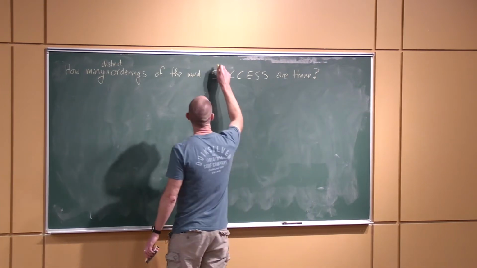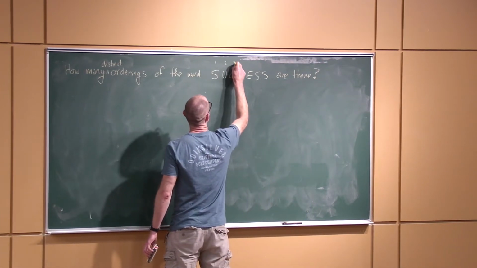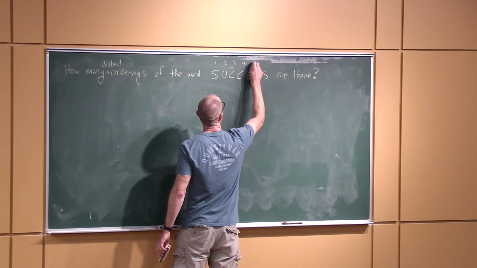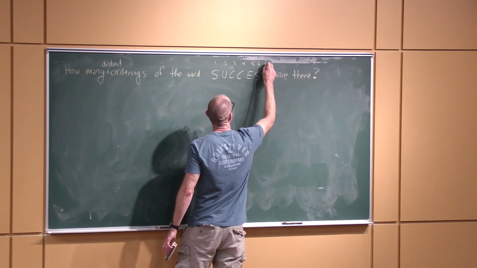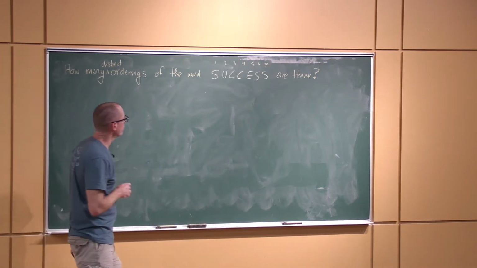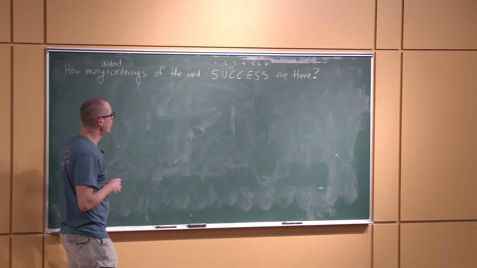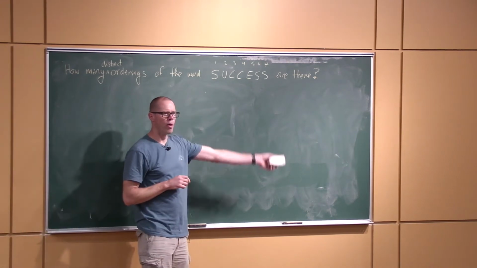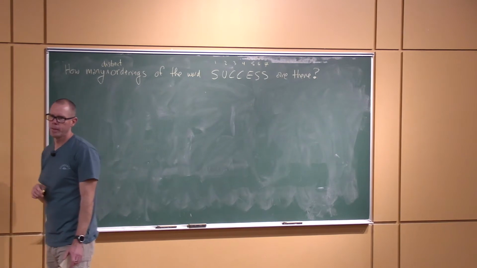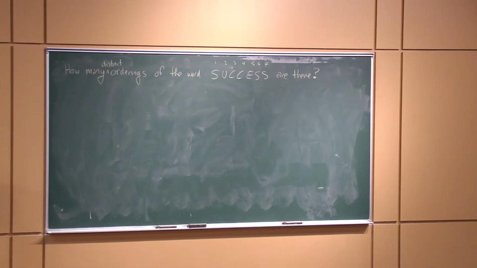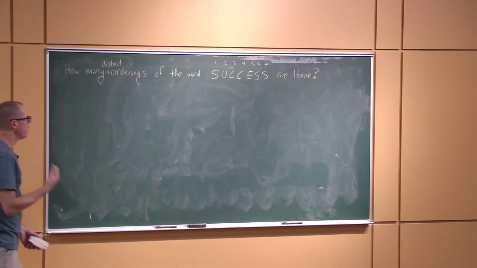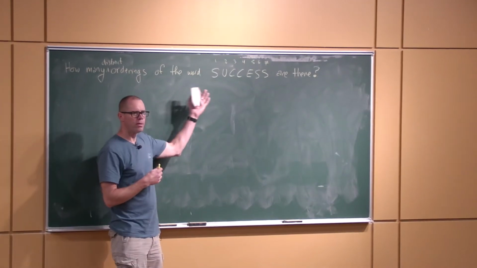So "success" has 1, 2, 3, 4, 5, 6, 7 letters in it. So how many different ways are there to order those letters? And more specifically, how many distinct words can you get from this?